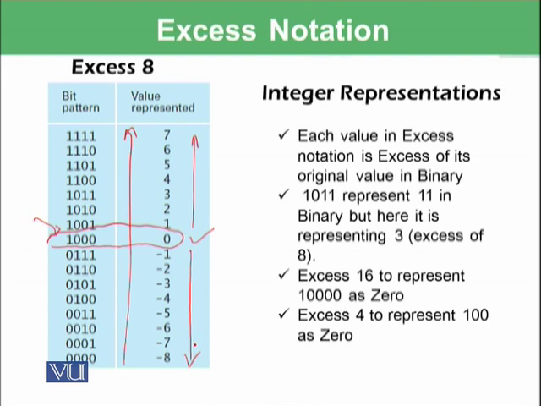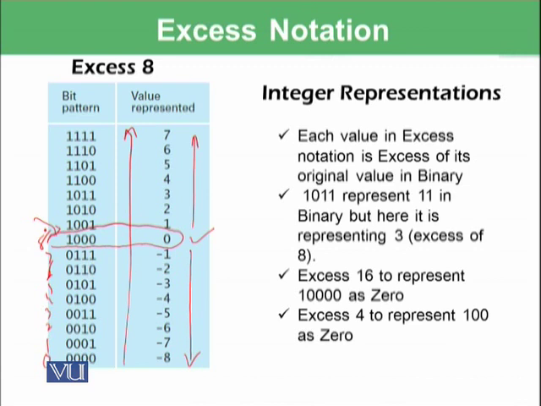If we are using excess 8 notation, it is called excess 8 because the binary pattern for 8 is used to represent 0. You already know this is 0 in binary, 1, 2, 3, 4, 5, 6, 7 and 8.